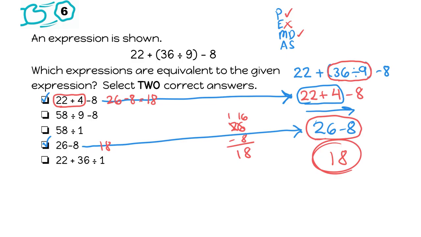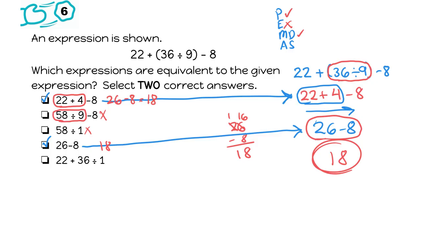So if I look at the second answer choice, 58 divided by 9 minus 8. Well, I would do 58 divided by 9 first, which isn't going to work out real nice. 58 divided by 9 won't even equal any pretty whole number. And so that one is definitely not going to equal 18. Third one, 58 divided by 1 does not equal 18.